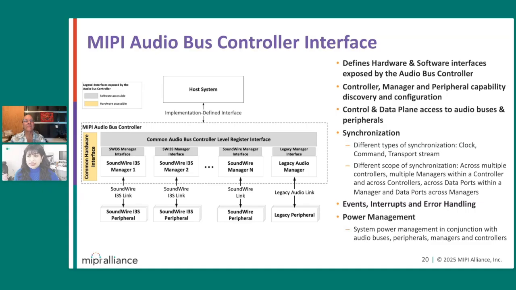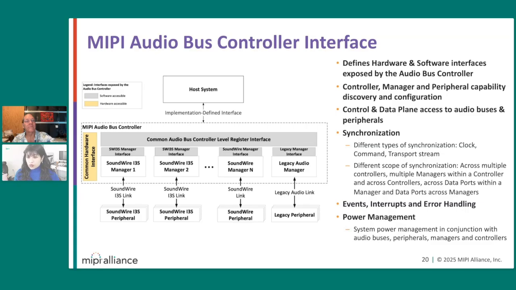Synchronization is another key capability which we will be defining in this specification, which will provide the mechanism to perform different types and scopes of synchronization. For example, clock synchronization, ensuring all managers and peripherals share a coherent timing source, command synchronization to coordinate control commands so that configuration changes happen deterministically, transport stream synchronization, aligning audio data streams across links or devices.